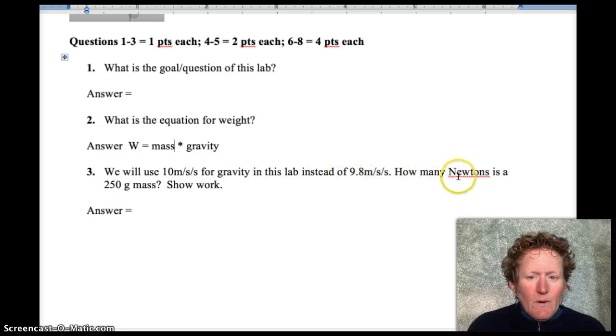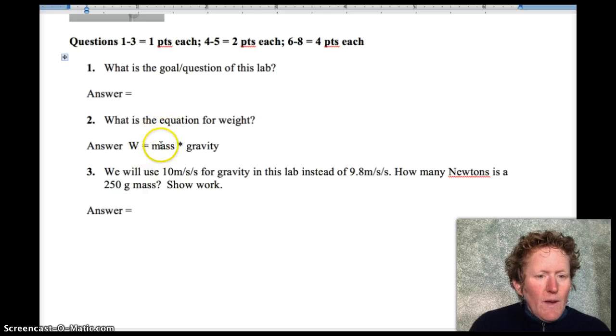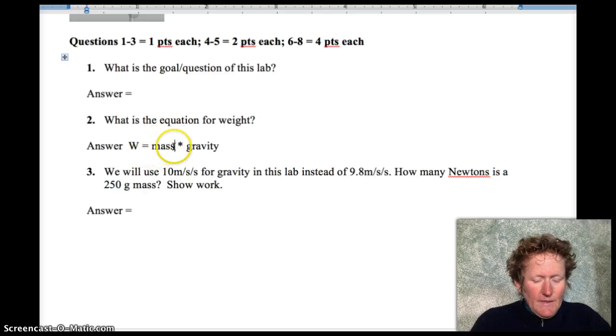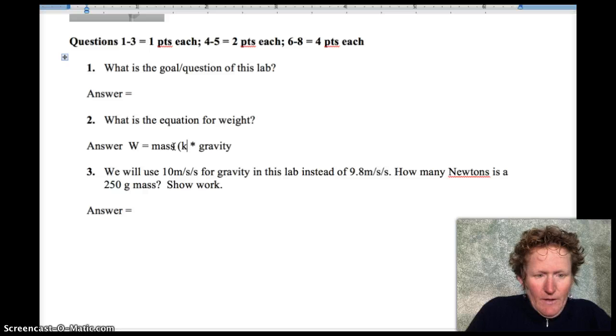So now we want to know how many newtons is a 250 gram mass. Well, in the equation for weight, this mass is in kilograms, and gravity is in meters per second per second.